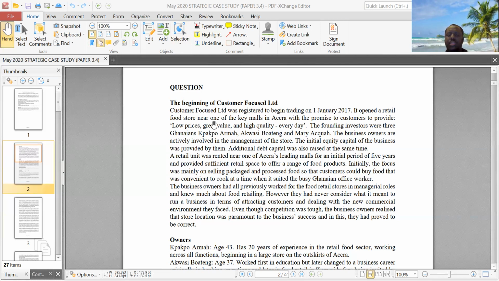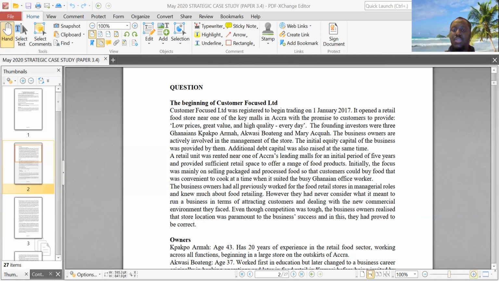So when we are analyzing the case study, every single detail matters. Let's look at the pre-seen material. The question says, the beginning of Customer Focus Limited. It says Customer Focus Limited was registered to begin trading on 1st January 2007.